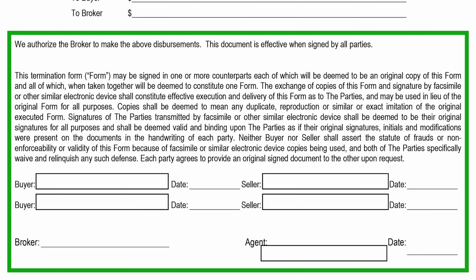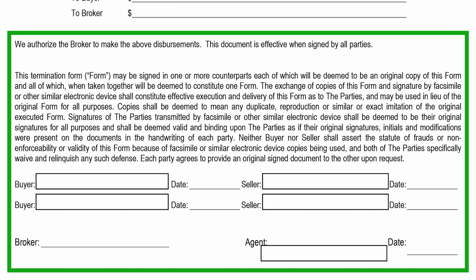This document is effective when signed by all parties. This termination form may be signed in one or more counterparts, each of which will be deemed to be an original copy of this form, and all of which, when taken together, will be deemed to constitute one form. The exchange of copies of this form and signature by facsimile or other similar electronic device shall constitute effective execution and delivery of this form as to the parties, and may be used in lieu of the original form for all purposes.